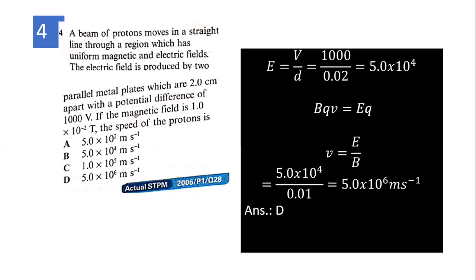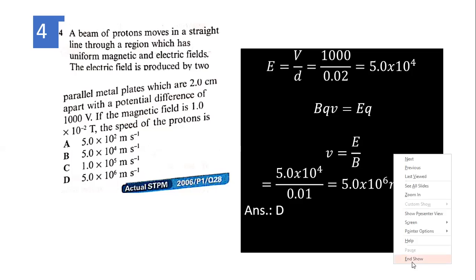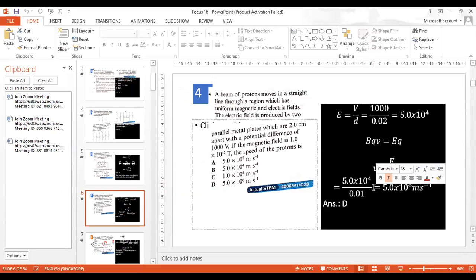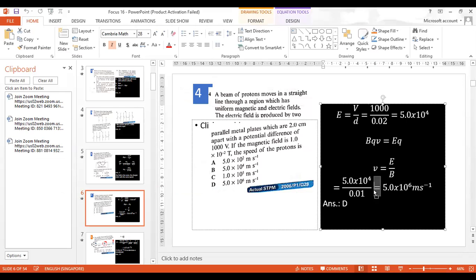Happy with that? And we go ahead. Yeah, we can. Okay, let's go ahead then. It's not obeying me.